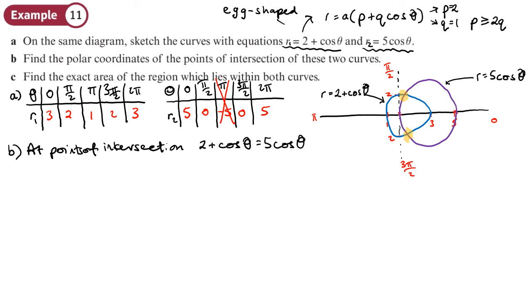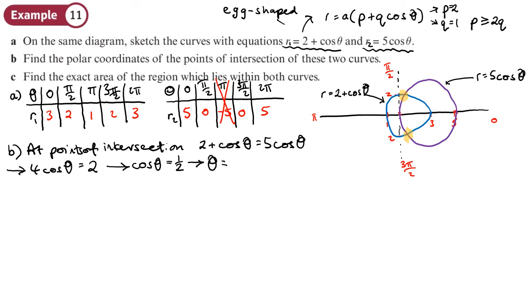So what we can do is we take away cos theta on both sides, so we'll be left with 4 cos theta equals 2, which means that I've got cos theta equals a half, dividing both sides by 4.